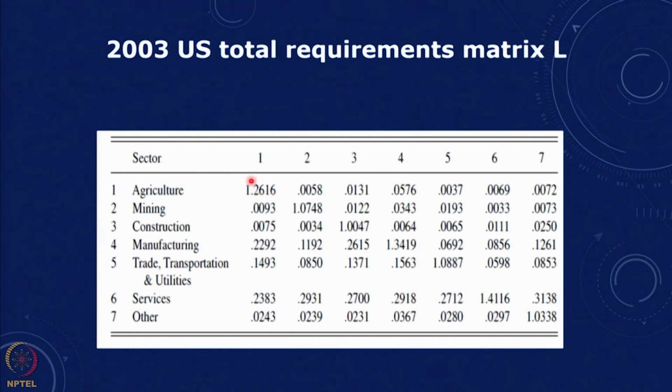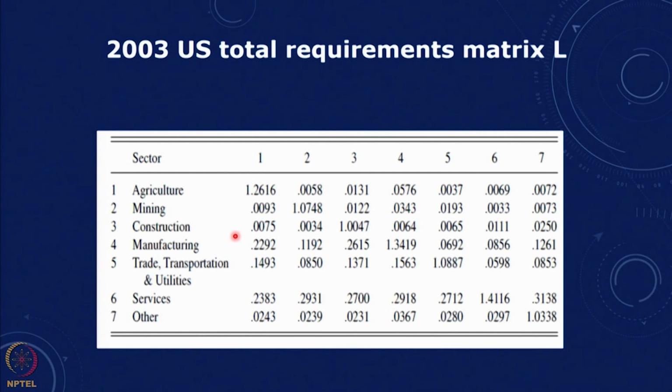So, you can see all the diagonal elements 1.26, 1.07, 1.0047, 1.34, 1.008, 1.41, 1.03, all the diagonal elements are greater than 1. All the off diagonal elements are obviously less than 1, they are between 0 and 1. And so, this is the L matrix. We could then take the L matrix and see what happens if you change the final demands.